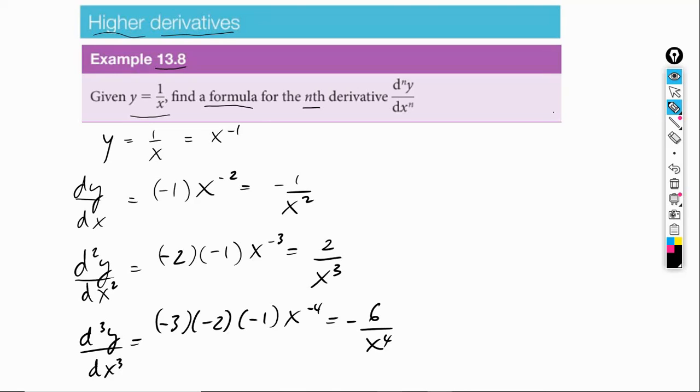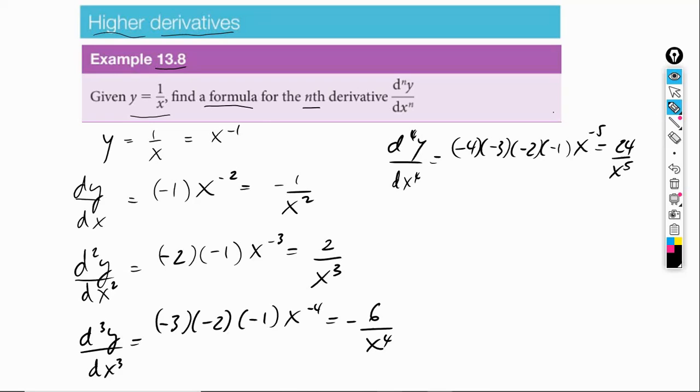So the fourth derivative would be then equal to minus 4 times minus 3 times minus 2 times minus 1 times x to the minus 5. And this is going to equal 24 over x to the 5.